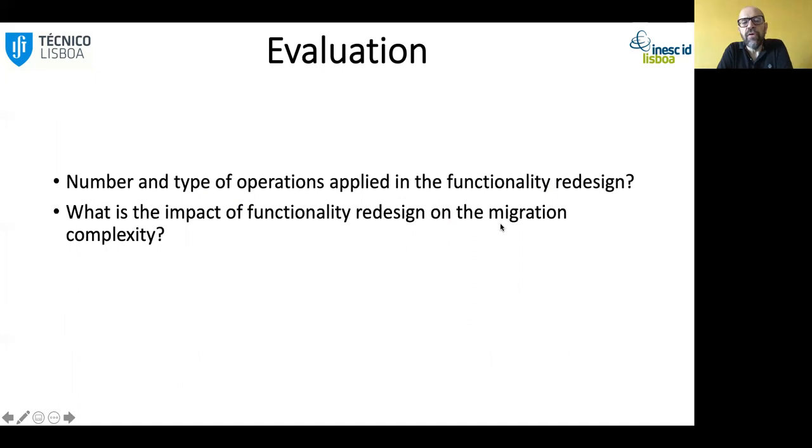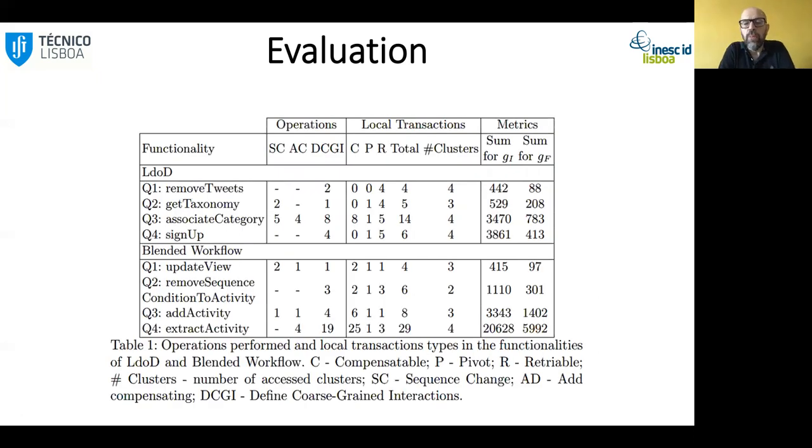Then we did another evaluation where we count the number of operations applied in the functionality redesign, and what is the impact of the functional redesign on the migration complexity. And we see that you are able to tune these. And we have much lower complexity after you redesign the functionality.